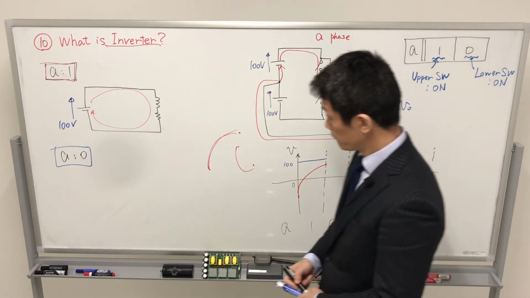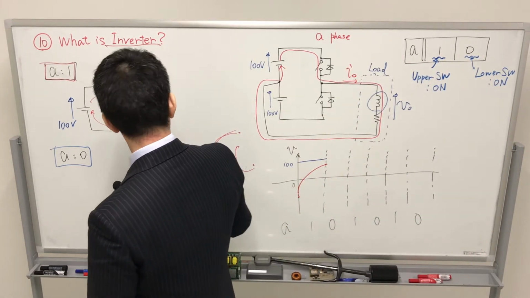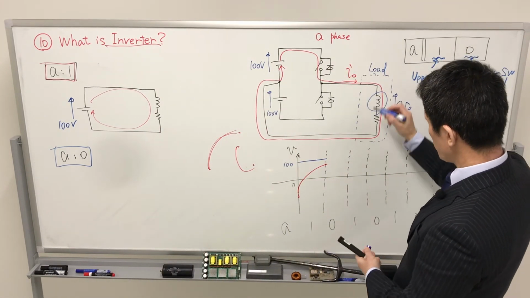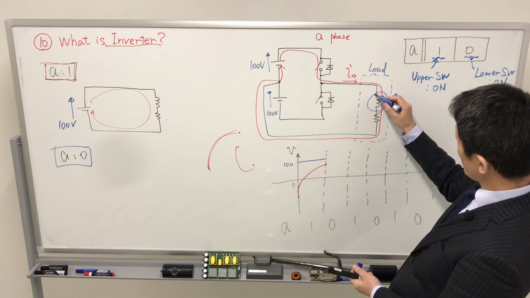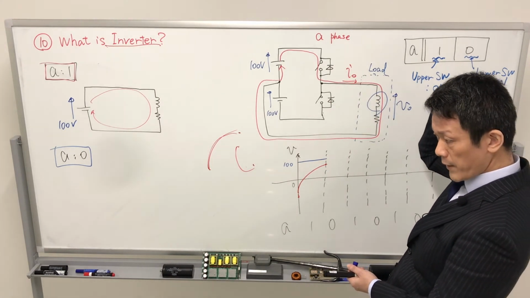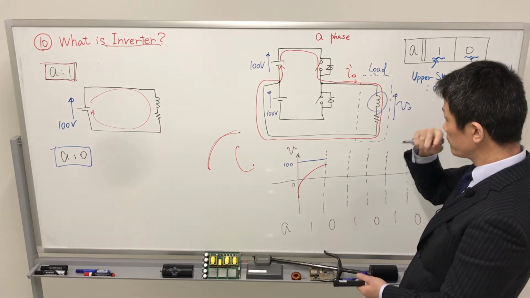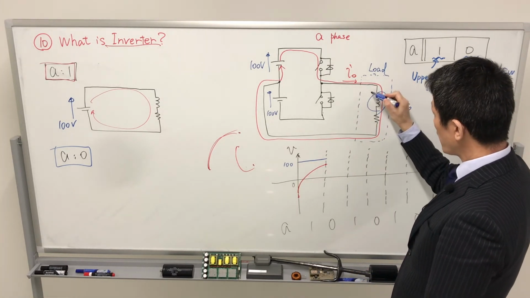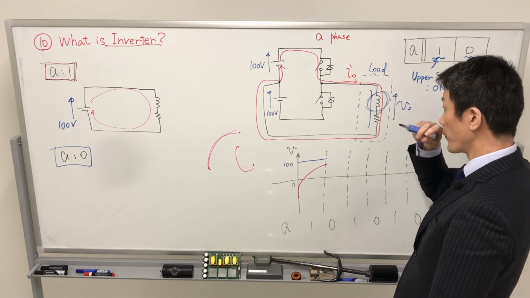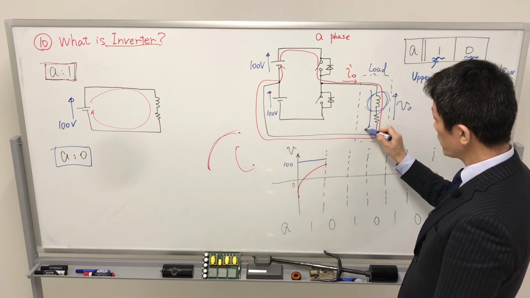And current flows through this. When the switch turns off, A changes to 0, current keeps flowing because of the inductance influence.